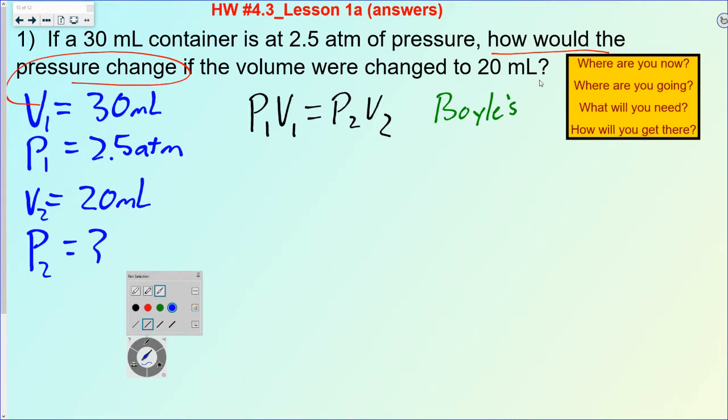Okay, now we can start putting our numbers into the equation. You can do this in two ways. You can either just do a plug and chug where you put the numbers in, or you can rearrange the starting equation so that your unknown variable is isolated. That's what I like to do, and that's the way that I'll show you here. So we need to isolate for P2.